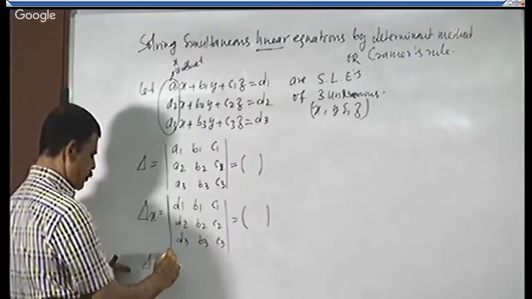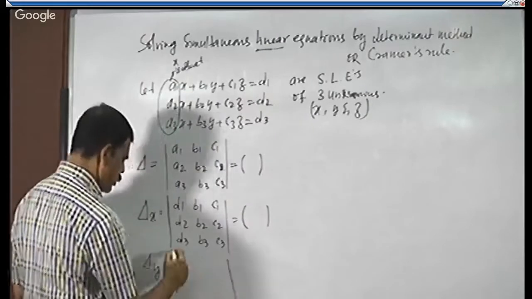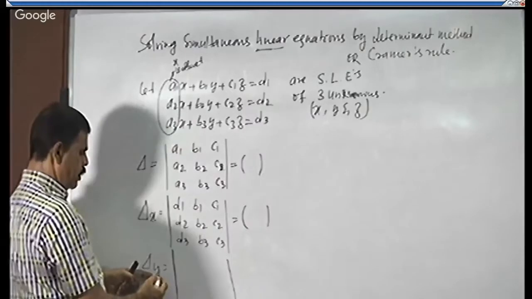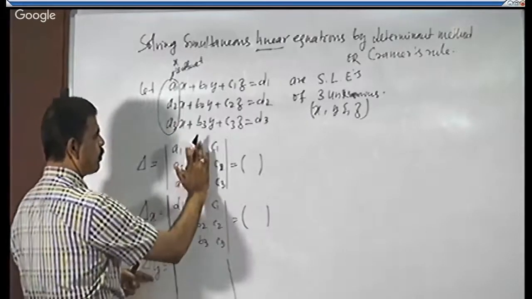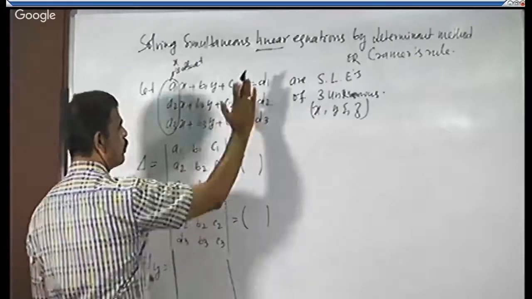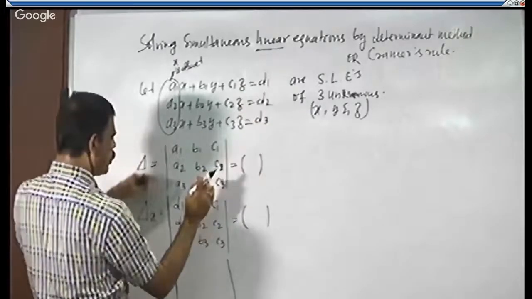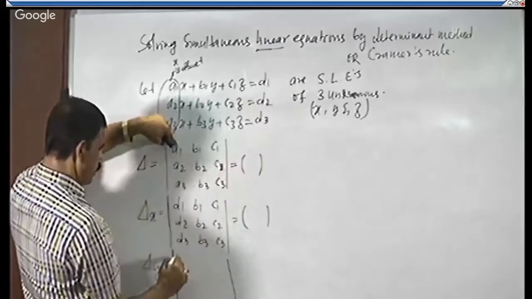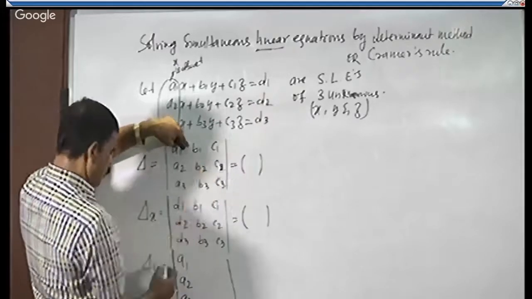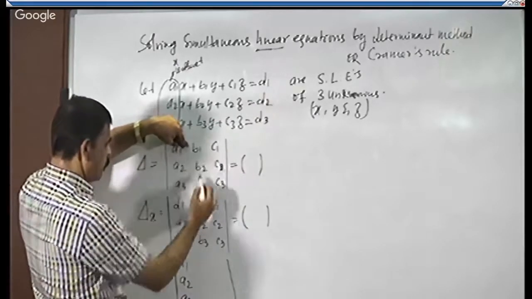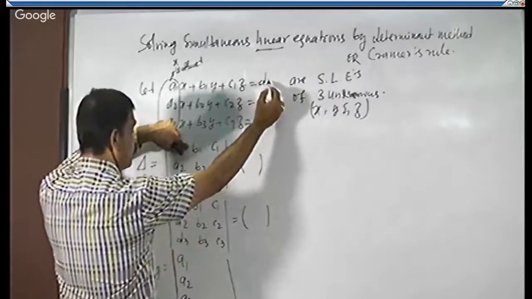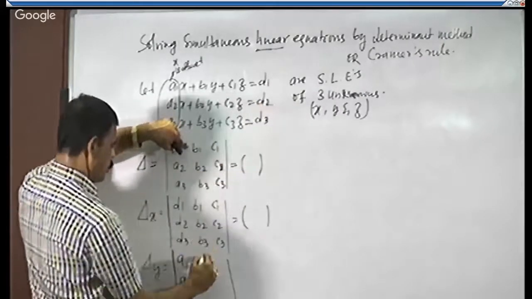Delta y. In the similar way, you write delta y. So y is second unknown, whose coefficients are B1, B2, B3 in delta. They are replaced by what? D1, D2, D3. That means first column will be same, A1, A2, A3. While writing delta y, second column, that is second unknown coefficients, should be replaced by constants D1, D2, D3.